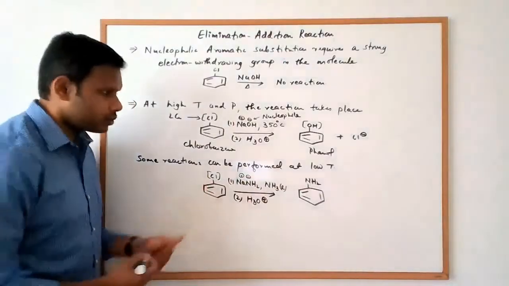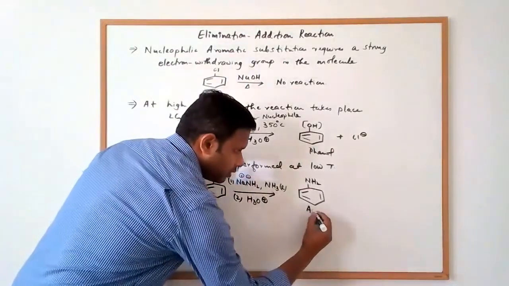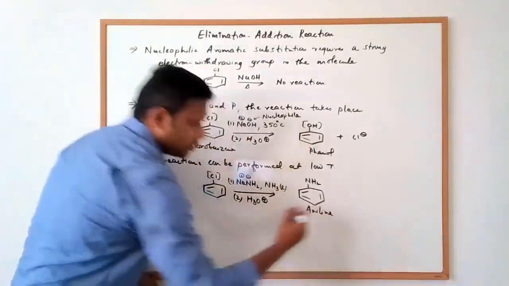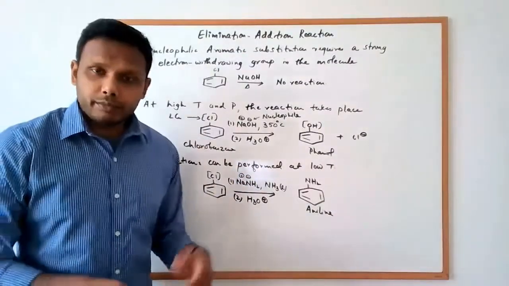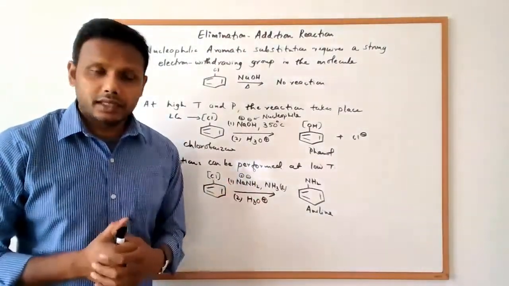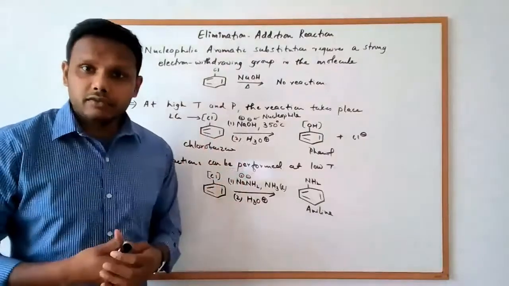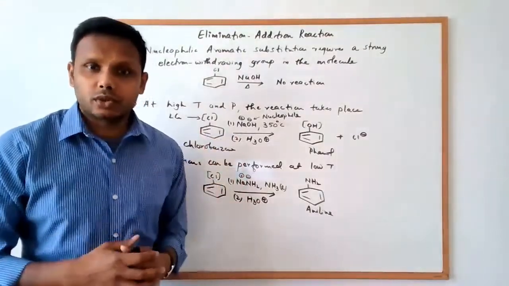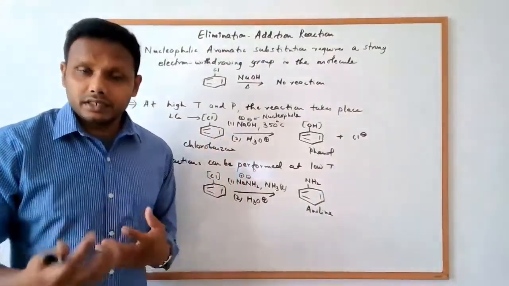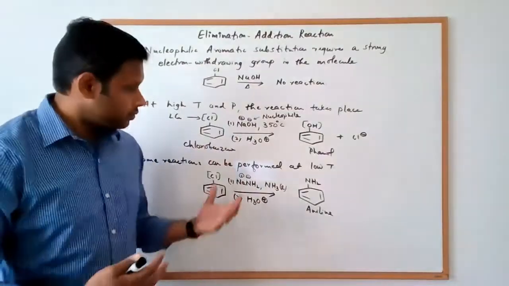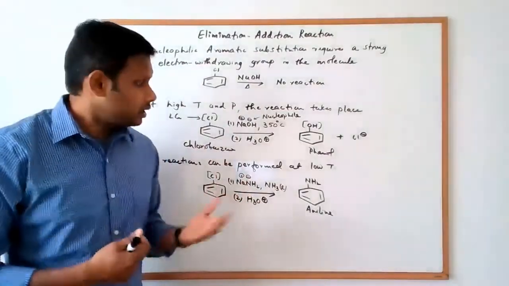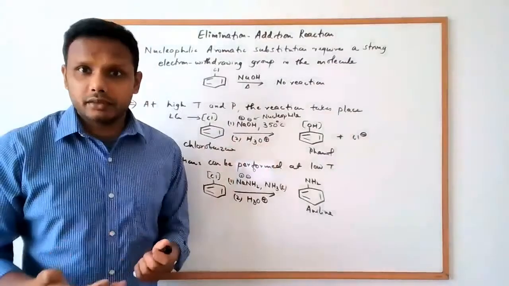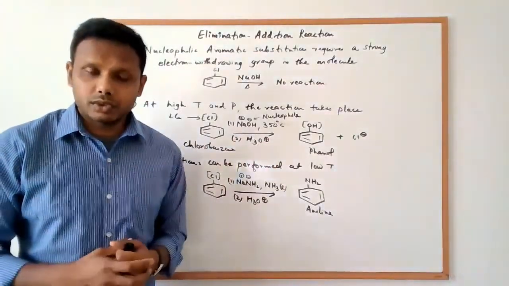So you can start from chlorobenzene and make aniline here. What's peculiar about this reaction is that there isn't a need for a strongly electron withdrawing group, but it does need some forcing conditions. So we're using really strong bases. Some reactions require high temperatures, some can be done at low temperatures.